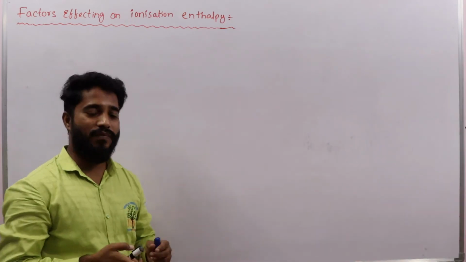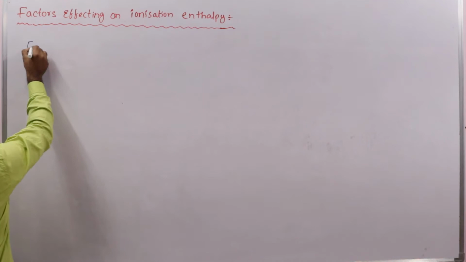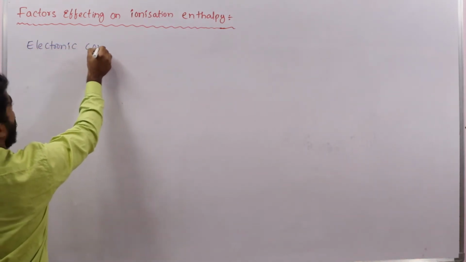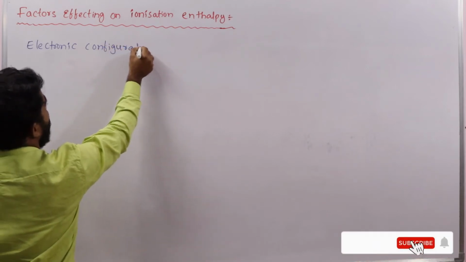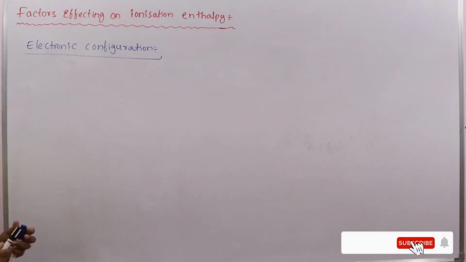Next factor, electronic configuration. In electronic configuration, we have three types of configurations. What are they?